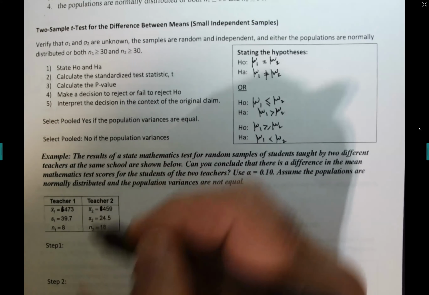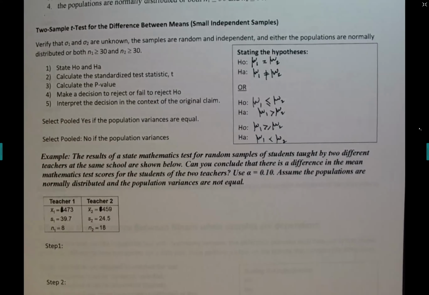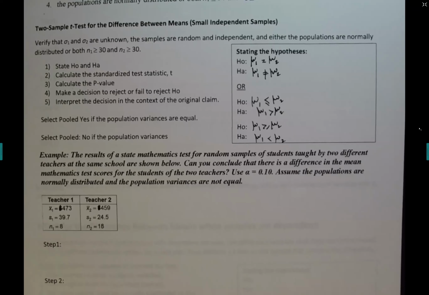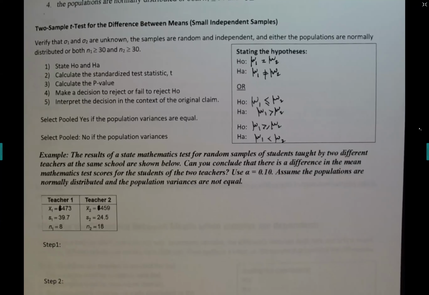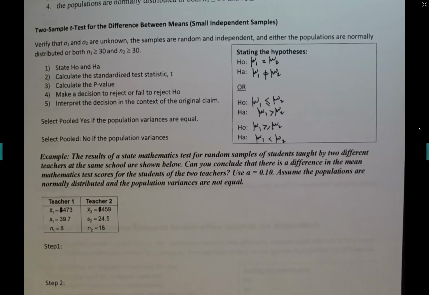There shouldn't be a dollar sign here. Can you conclude that there is a difference in the mean math test scores for the students of the 2 teachers? Okay, can you guys tell me which hypothesis it is going to be, the first set, the second, or the third?